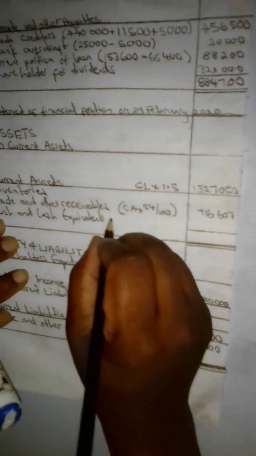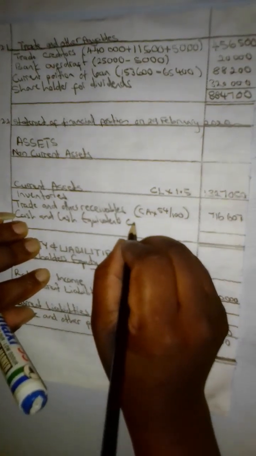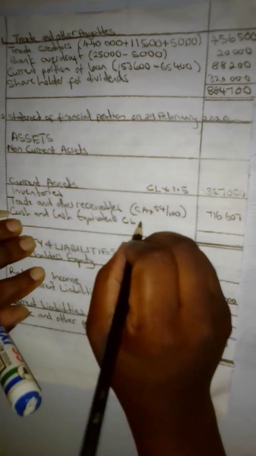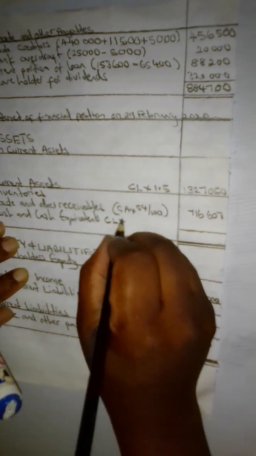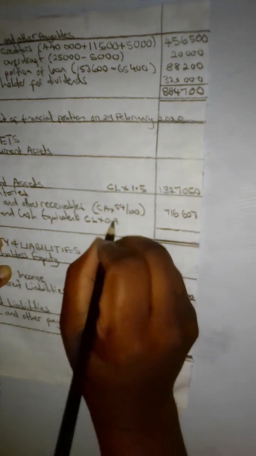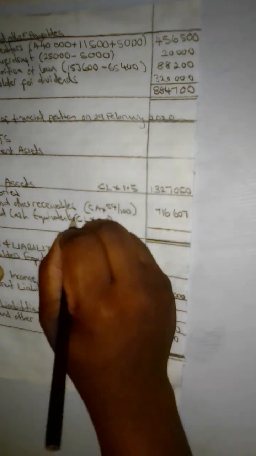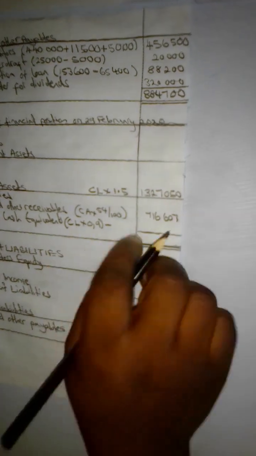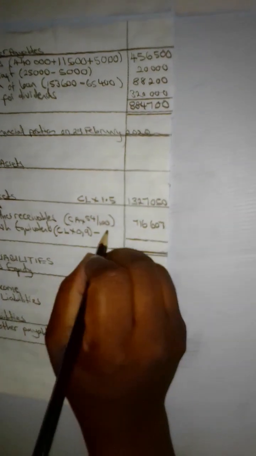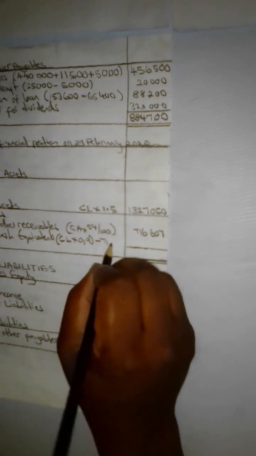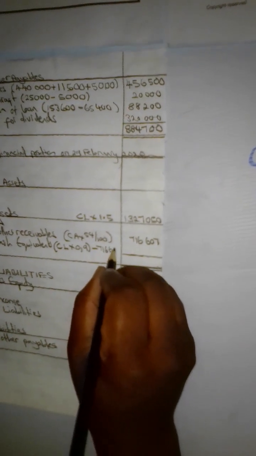884,700. So I'm going to write it here on the answer book to say current liabilities multiplied by 0.9. Okay, the answer that I get, I'm going to say minus the trade and other receivables, 716,607.